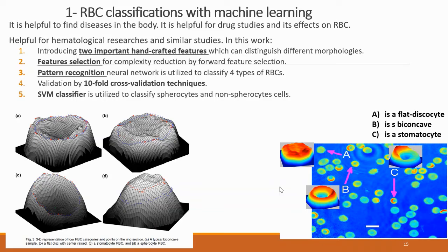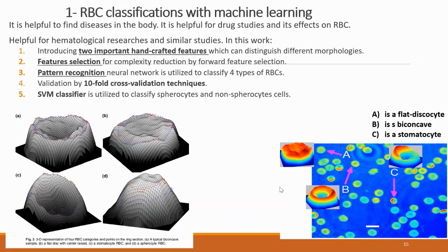Next, a pattern recognition neural network is used to classify the four types of red blood cell, and validation is performed by tenfold cross validation. Also, an SVM classifier is utilized to classify spherocyte and non-spherocyte.